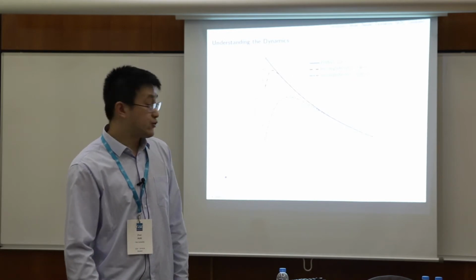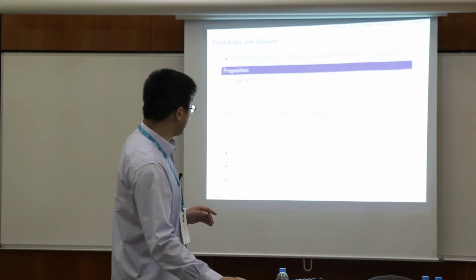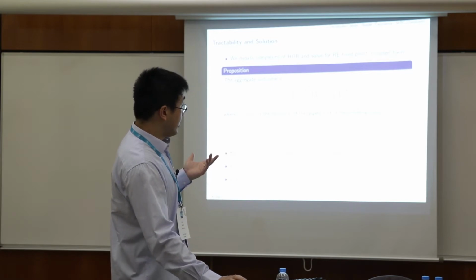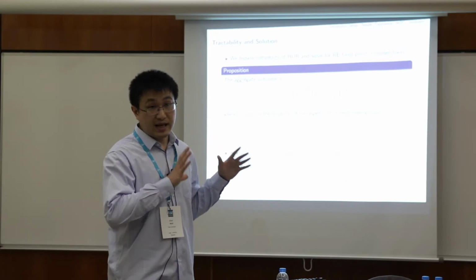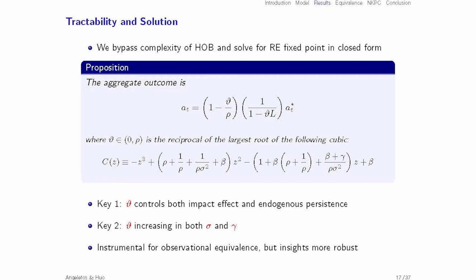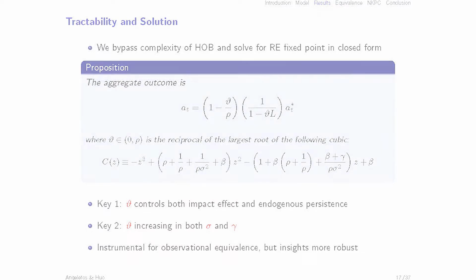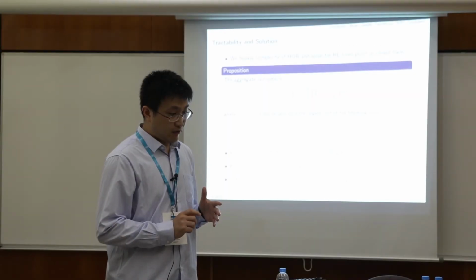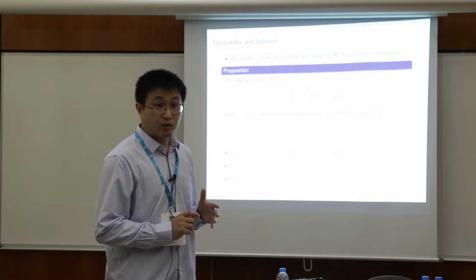There are just two ways to see this. One is to think of it as the infinite sum of all these higher-order beliefs, or you can think about the fixed point problem directly. If you want to compute the equilibrium, you go to the fixed point directly.